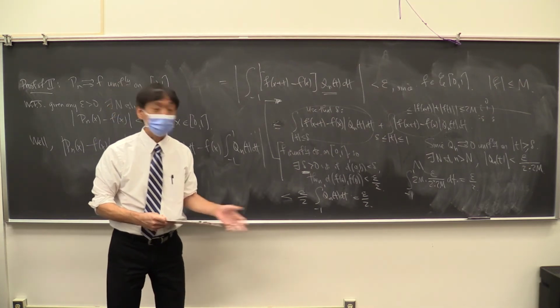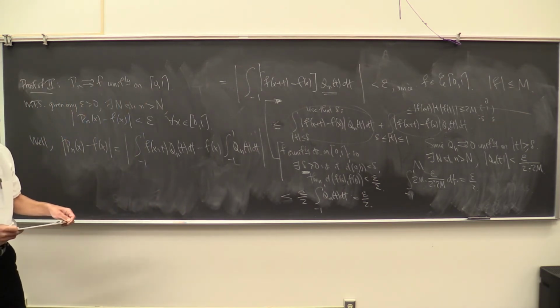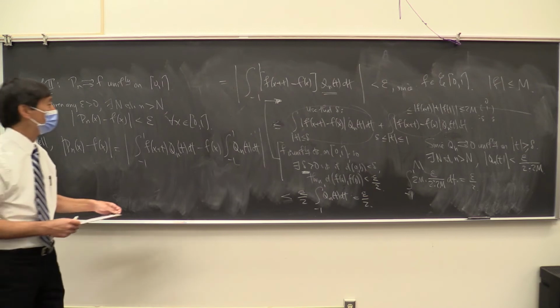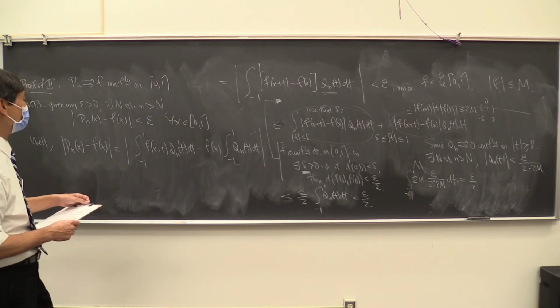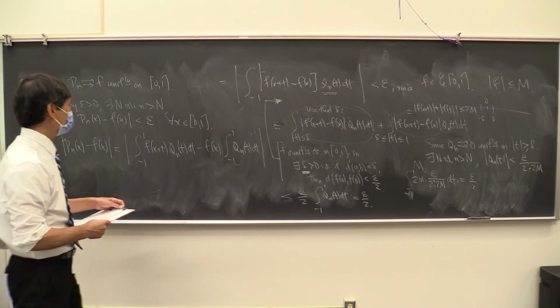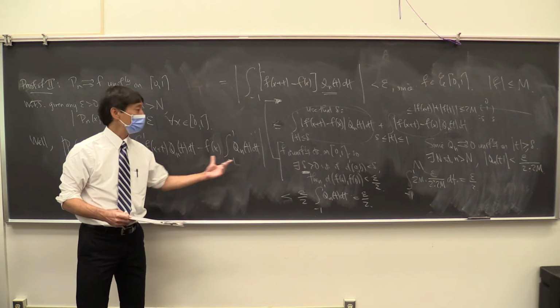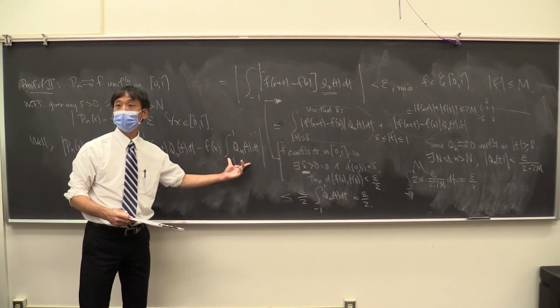Okay. So that is the proof of the Stone-Weierstrass Theorem. I hope you like it. It's kind of cool. And you see what the point of the approximation of the identity was, right? We wanted this thing whose integral was 1, so that we could play this trick here, right?